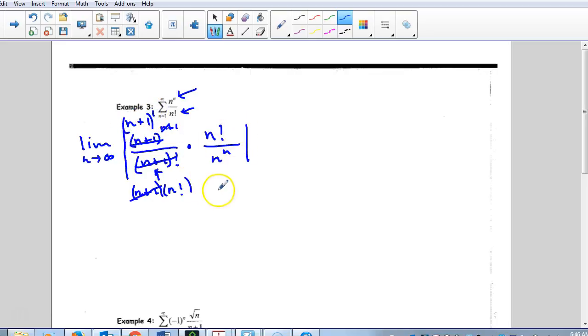And then on the bottom, let's see, this n factorial happily cancels with that. So here's where I am. I've got the limit, n is going to infinity, of the absolute value of n plus 1 over, where am I? N to the n.